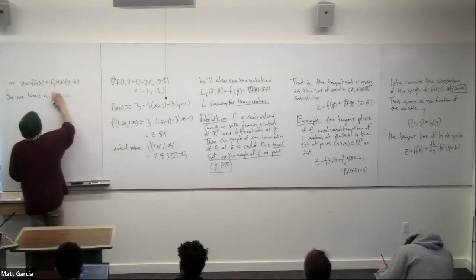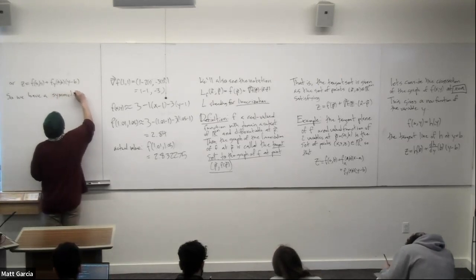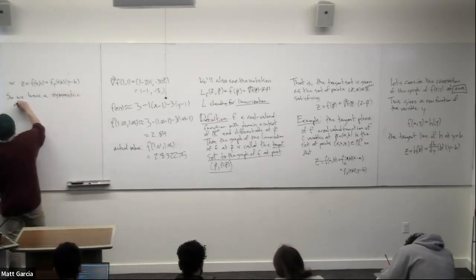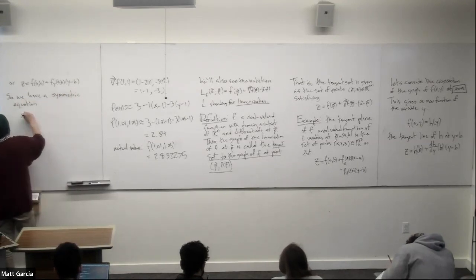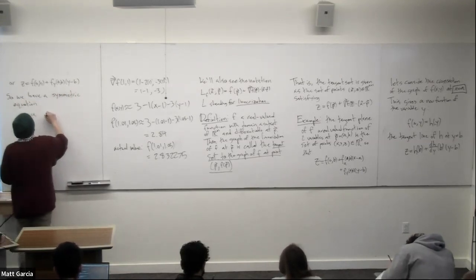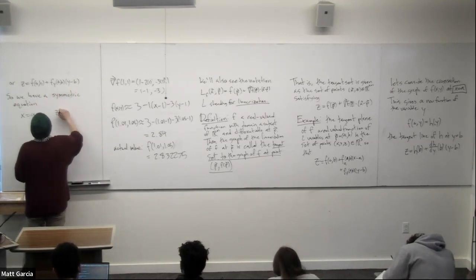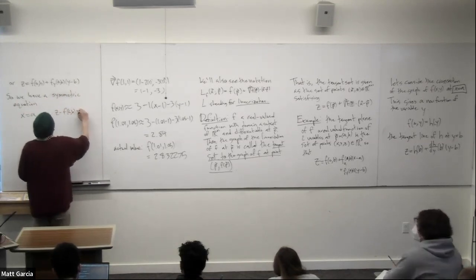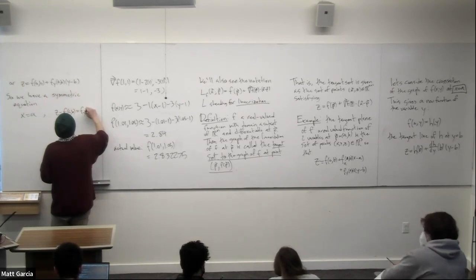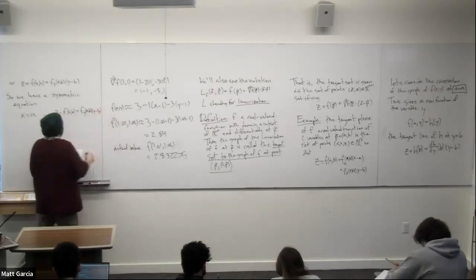We have a symmetric equation: x equals a, comma, z minus f of a, b is equal to the partial derivative of f with respect to y at a, b times y minus b.